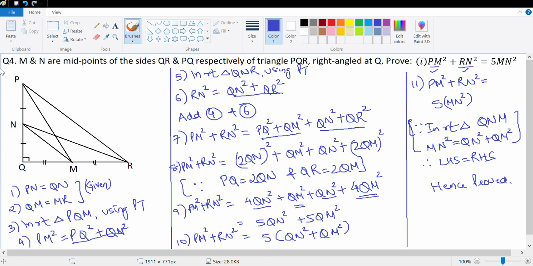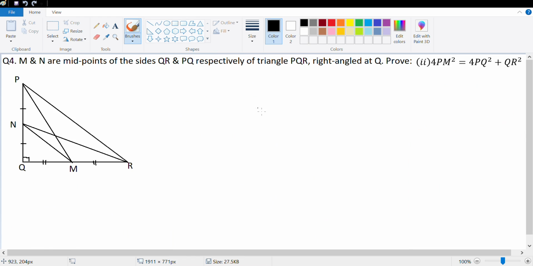So let's look at the next part of the question. The next part of the question is part 2, where we need to prove that 4PM square is equal to 4PQ square plus QR square. So let's look at what is on my left hand side. It's PM square, which means I'm looking at the triangle PQM.